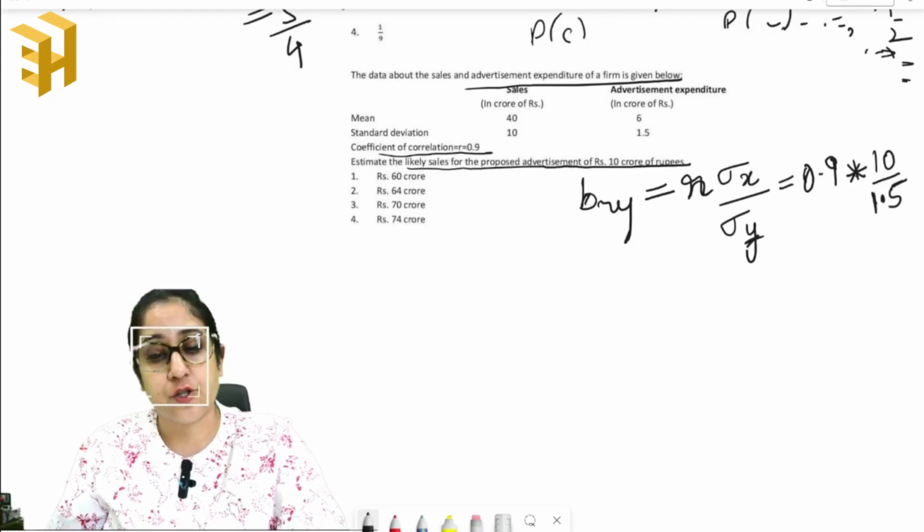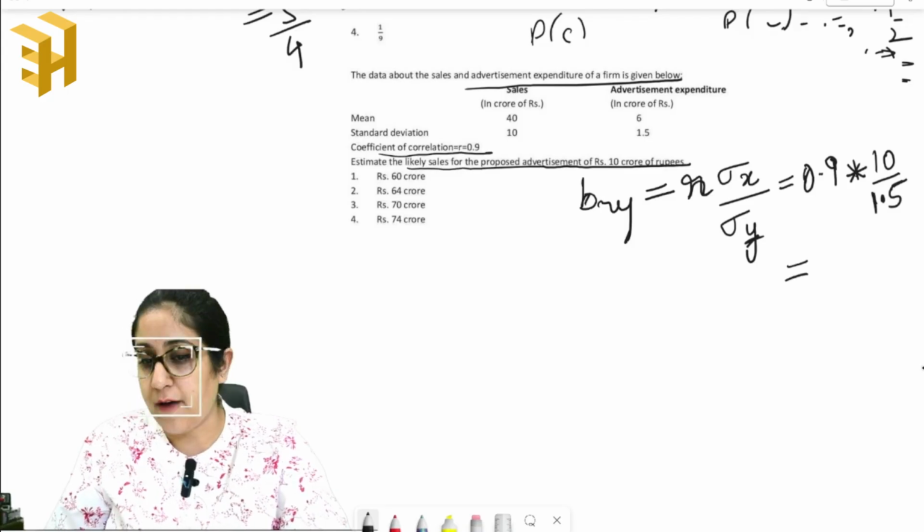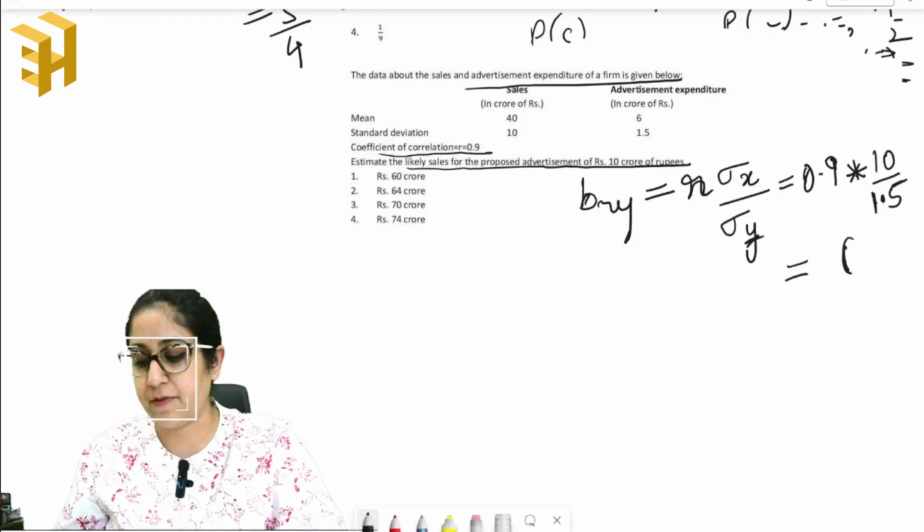So the value comes out to be 6 when you calculate it.